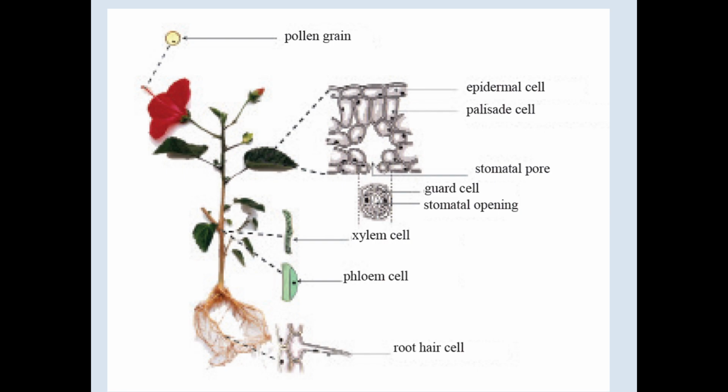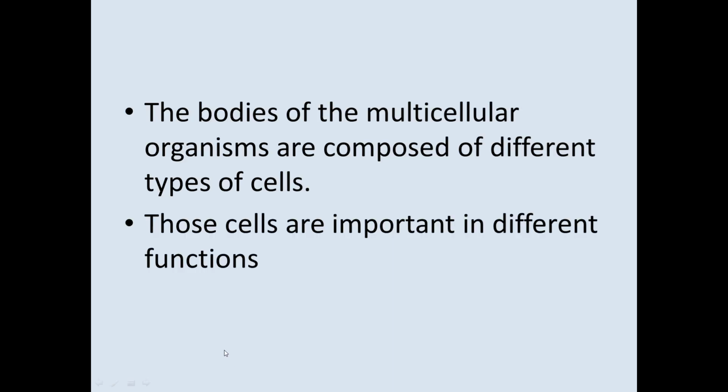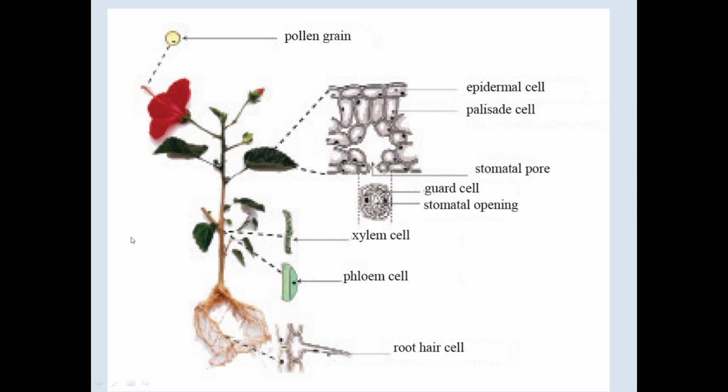If you consider a plant, it has two systems as the root system and a shoot system. In both the root system and shoot system, there are a number of cells and tissues.